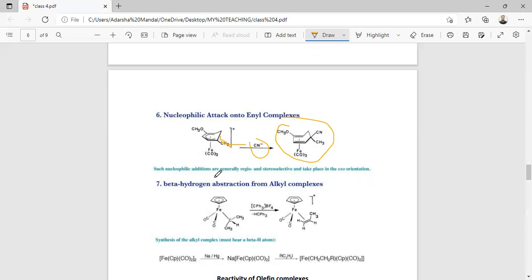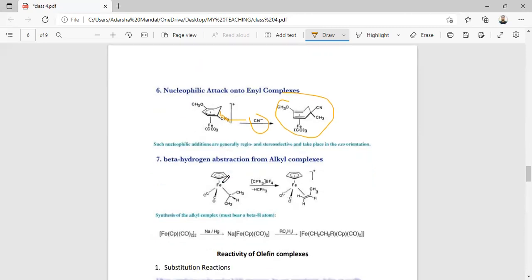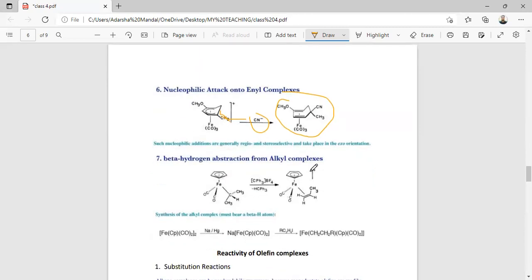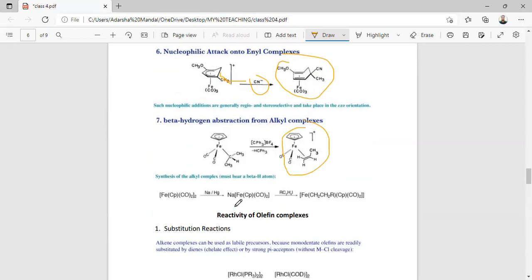Such nucleophilic attacks are generally regio- and stereoselective and take place in the exo orientation. So next one, the beta hydrogen abstraction from the alkyl complex. Here this Cp*(CO)2 alkyl complex forms the metal alkene complex by beta hydrogen abstraction.